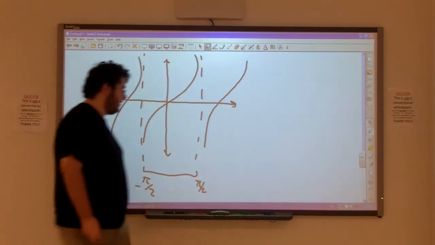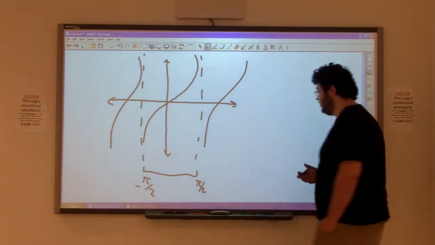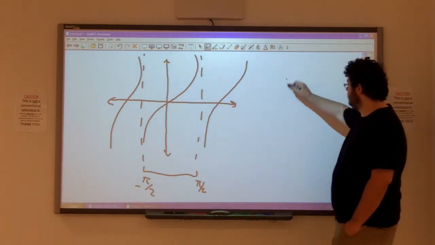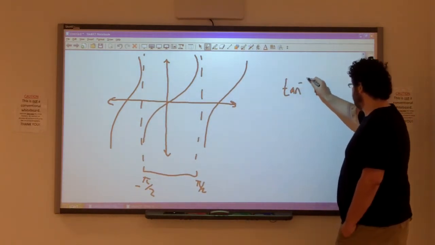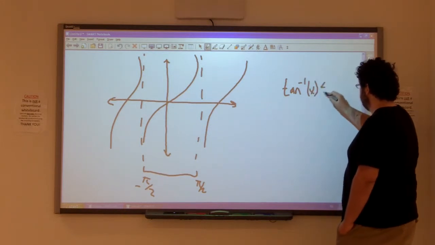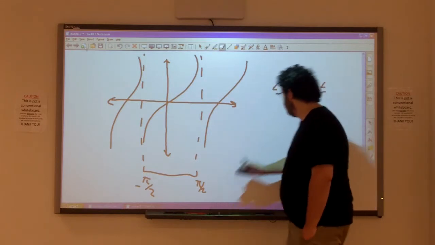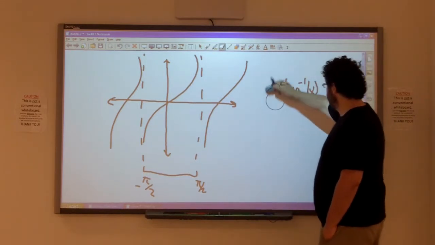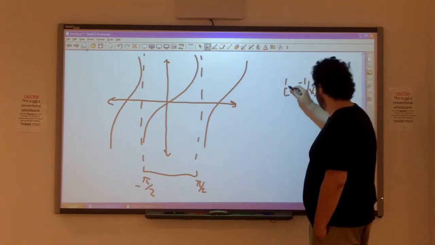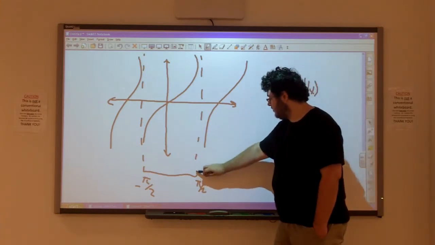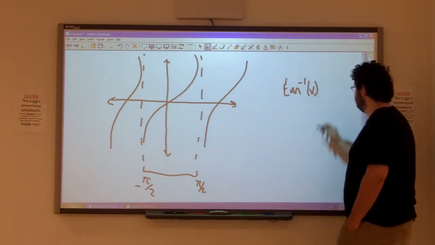So we say that we're only going to look at this region, so when we look at its inverse function, this one's going to be actually strict inequalities, because if we go to this point, then you're going to have an asymptote.